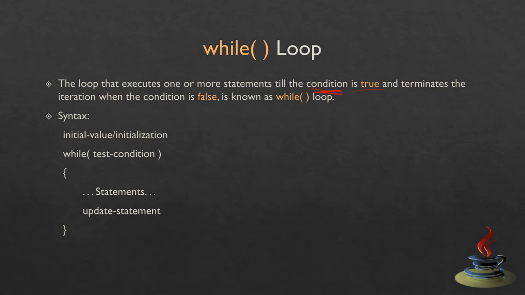Let's go to our syntax. In the syntax, first you have to write the initial value, or you can say the initialization. Then we write while, and inside the parentheses you write the test condition. After that comes your loop body part, whatever you want to repeat in your Java program.